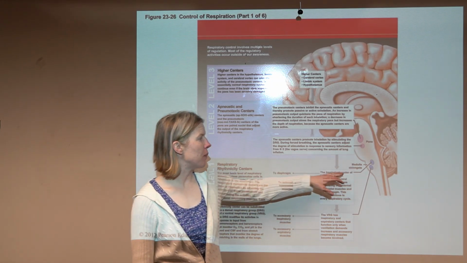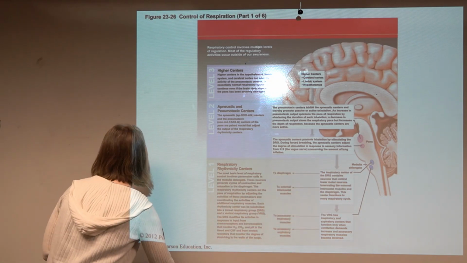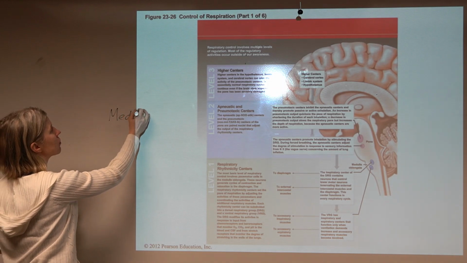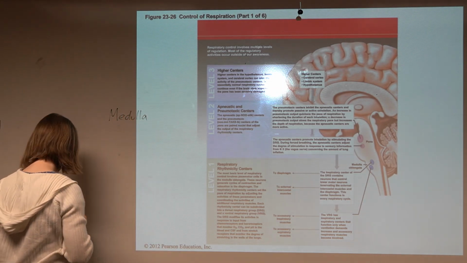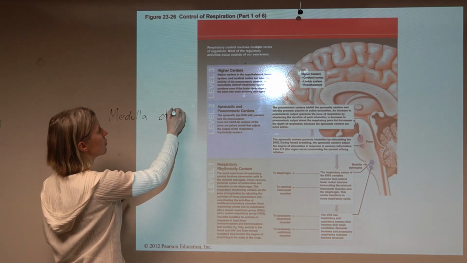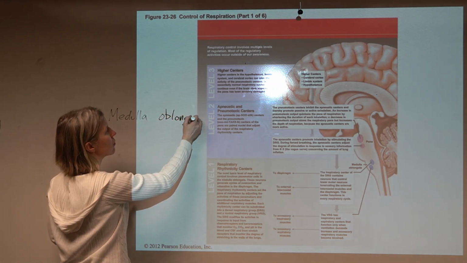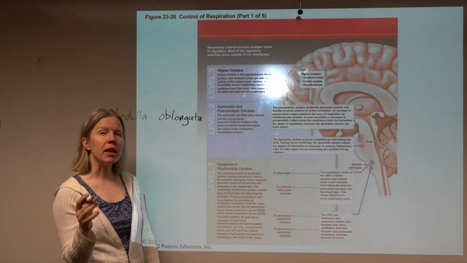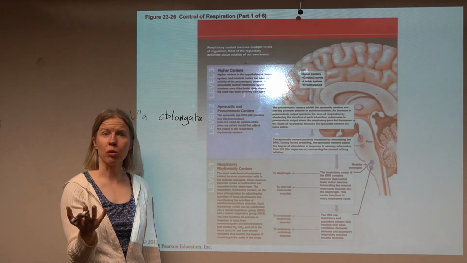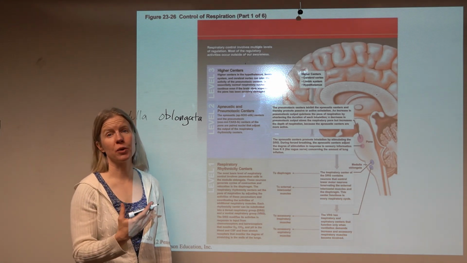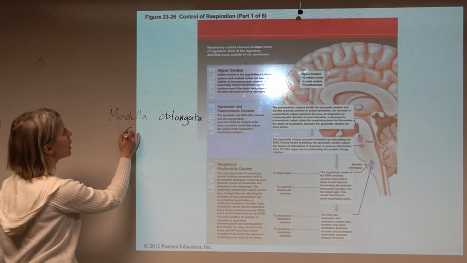So without getting too crazy, the medulla oblongata is involved here. It can directly sense cerebral spinal fluid oxygen and CO2 levels, but it also does rely on those same chemoreceptors.